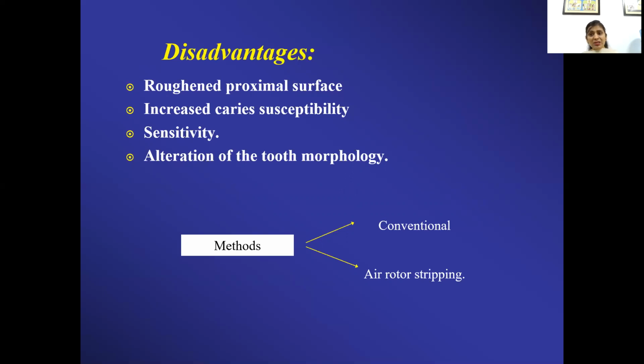It is going to increase the chances of caries because of roughness, and all these things can lead to sensitivity in the patient's mouth and alteration of the tooth morphology. So all these things are the disadvantages of this method, and this method can be carried out by two things, conventional or air rotor stripping.